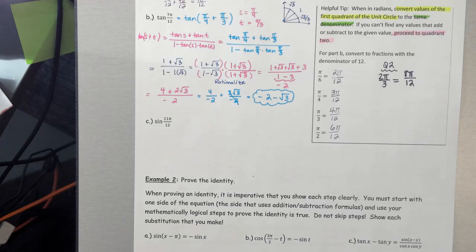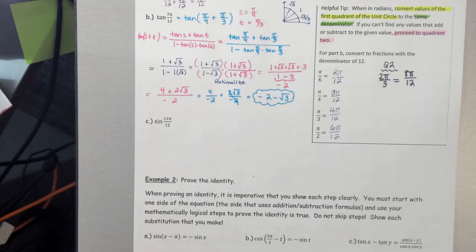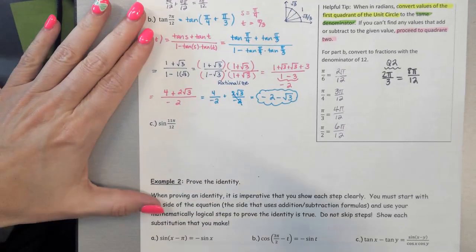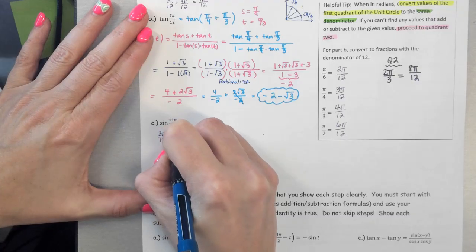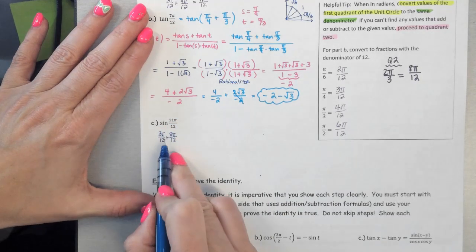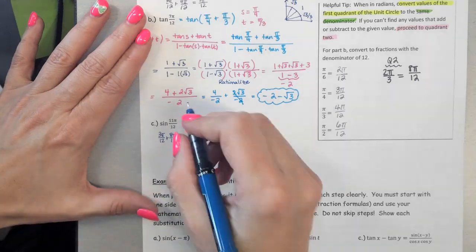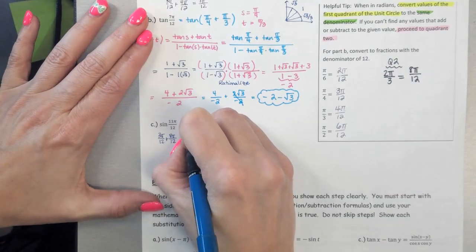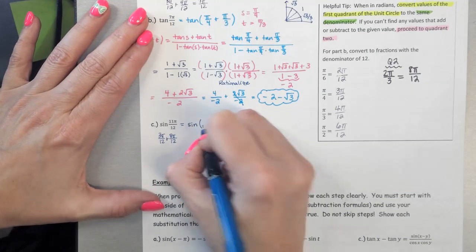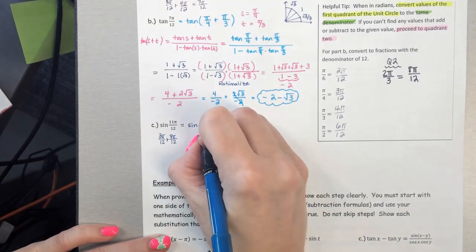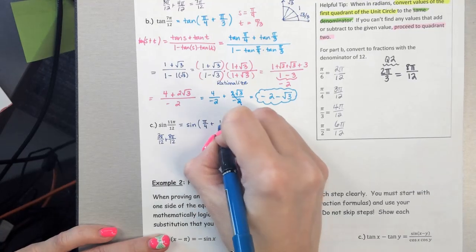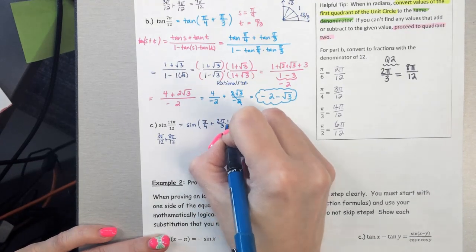Yes, 8 pi over 12 and what? 3 pi over 12. Again, the order that you add those in does not matter. But the 3 pi plus 8 pi is the 11 pi, and we're going to use the reduced value. So this would be pi over 4 plus 2 pi over 3.